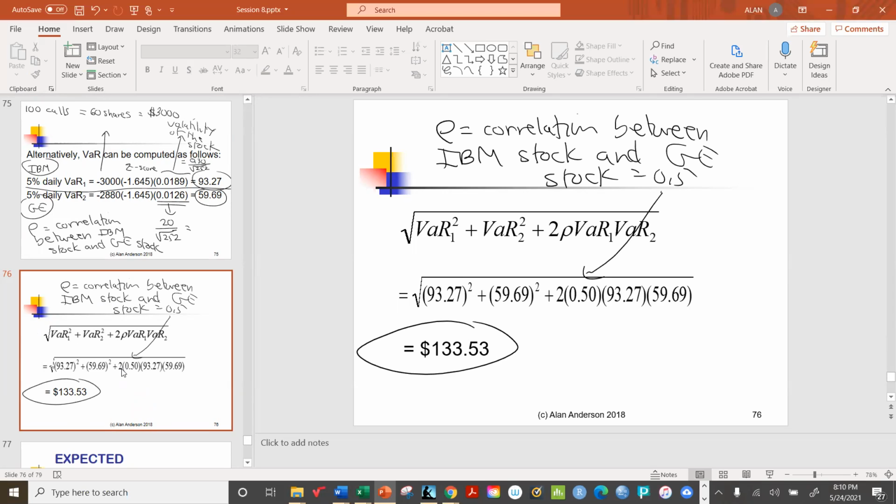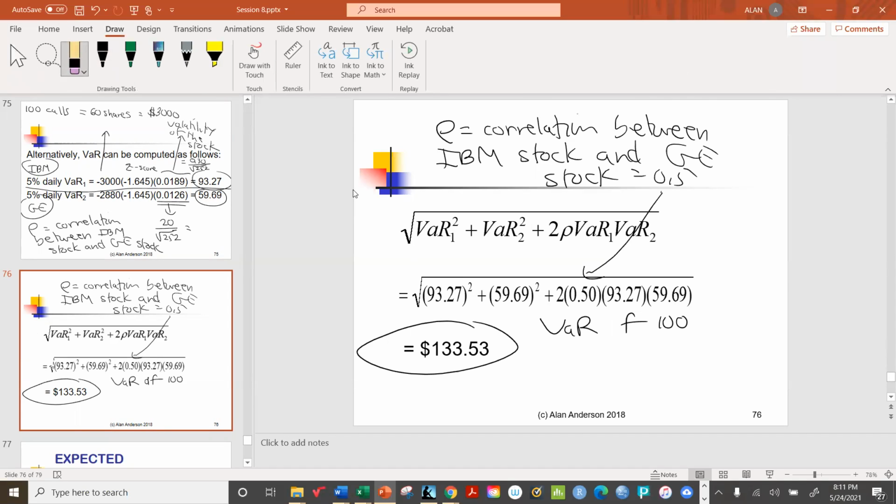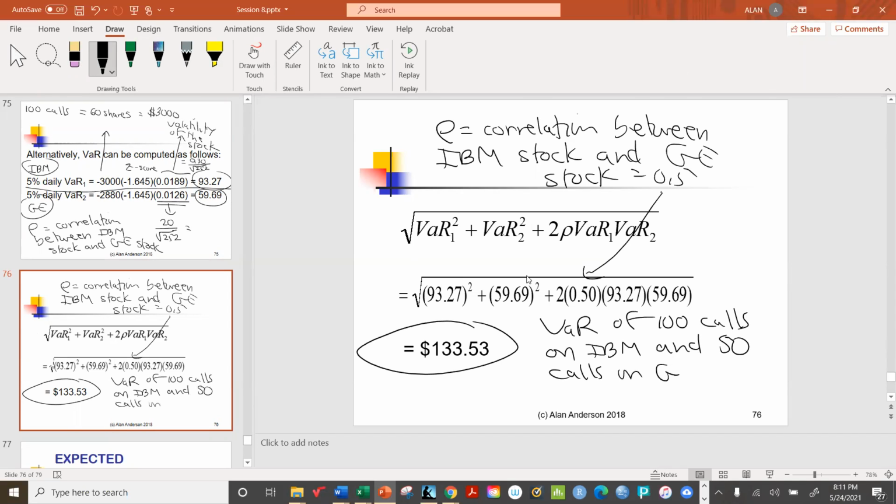And all of a sudden, we figured out without too much difficulty, the VAR of 100 calls on IBM and 50 calls on GE is equal to 133.53. That's daily, by the way.